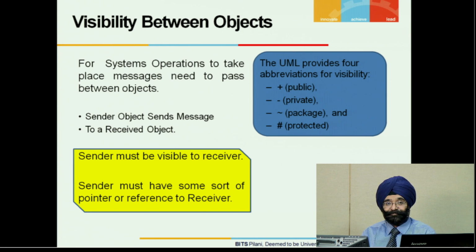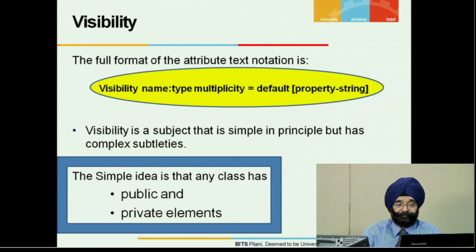When it is visible, it probably has a pointer to that object, or in some way is able to reference it. So this whole concept of visibility is as to who a particular component is going to be visible to: the public, or is it going to be just privately? And we have to understand what we mean by publicly and privately.